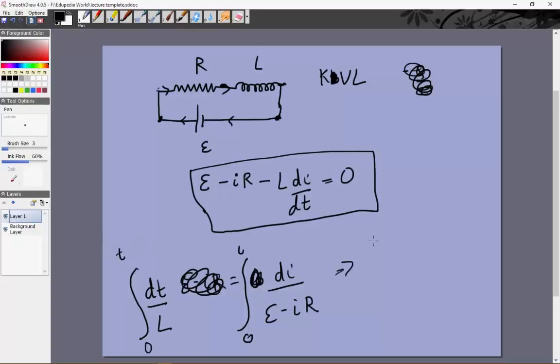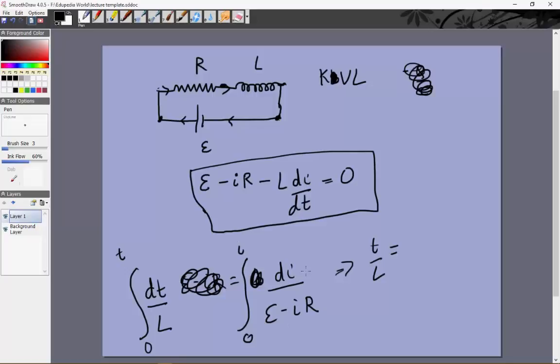So the equation we get is t by L is equal to, and integrating this is a little tricky. It will be a logarithm, right? This is this whole term to the power minus 1. So it will be the log of this term, except I also has a coefficient of minus r.